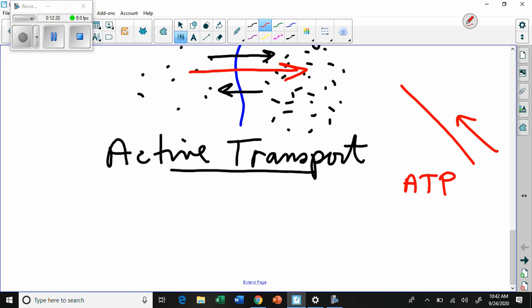What adenosine triphosphate does is it uses the energy in its bonds. It's basically a molecule of adenosine and 3 phosphate groups. It's a nucleotide, and it has 3 phosphate groups attached to it. Sometimes it can have 2, and when it has 2, it's called ADP.